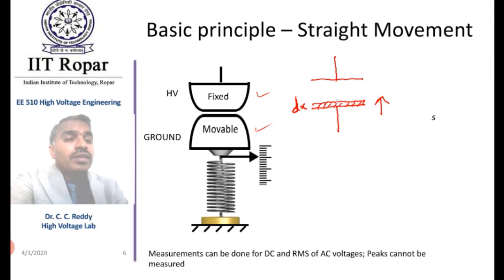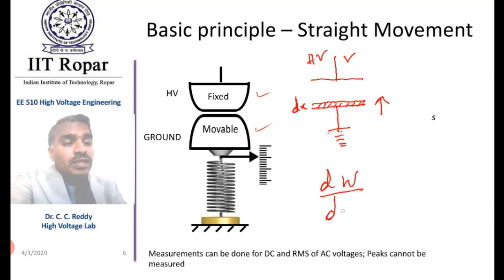Assuming that the voltage is kept constant, this is HV, this is ground. Now what is that energy? That energy is related to force, because the differentiation of energy, dW by dx, is force, if you remember. Of course a negative sign will be there.